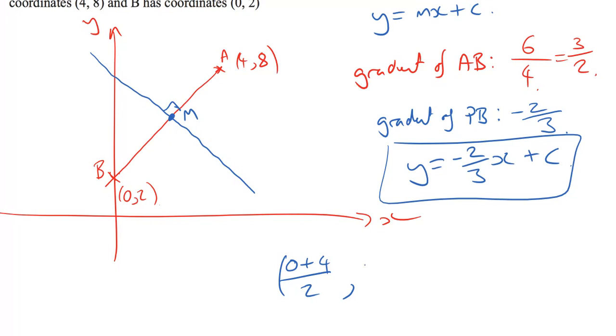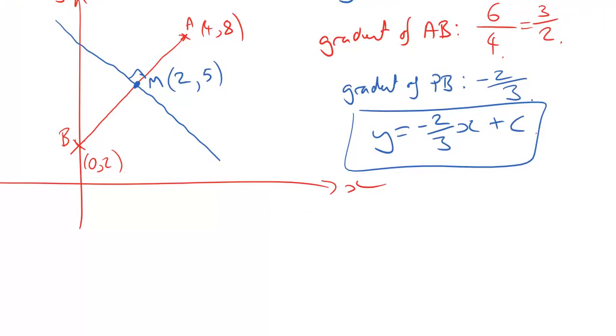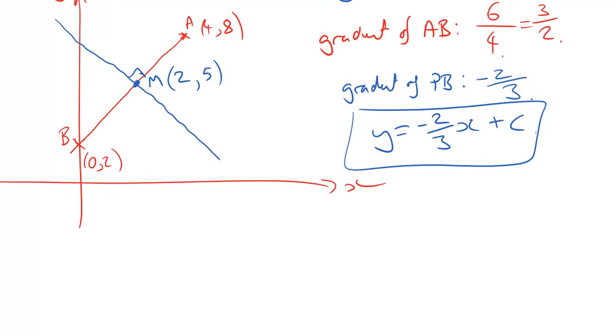And the y coordinate would be 2 plus 8 divided by 2. This is going to give us the coordinate point of M. So its x coordinate would be 2, and its y coordinate would be 5. There we go. Now we have enough information to substitute into the equation we found. We could put y equal to 5 and x equal to 2 in there, and that might help us to find out what the value of c is.